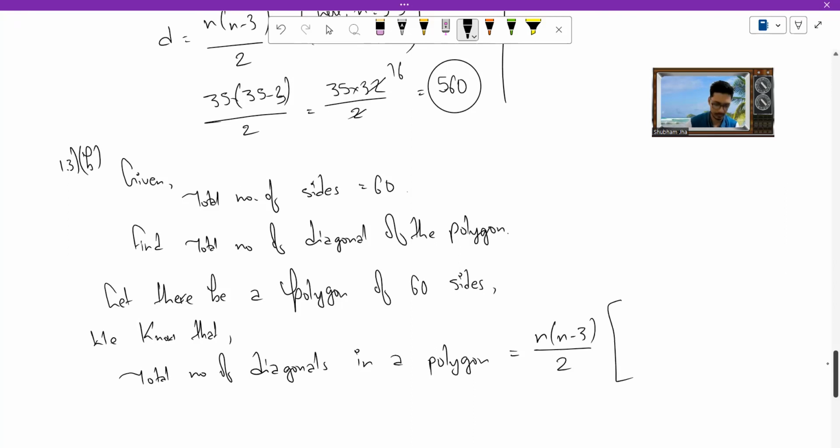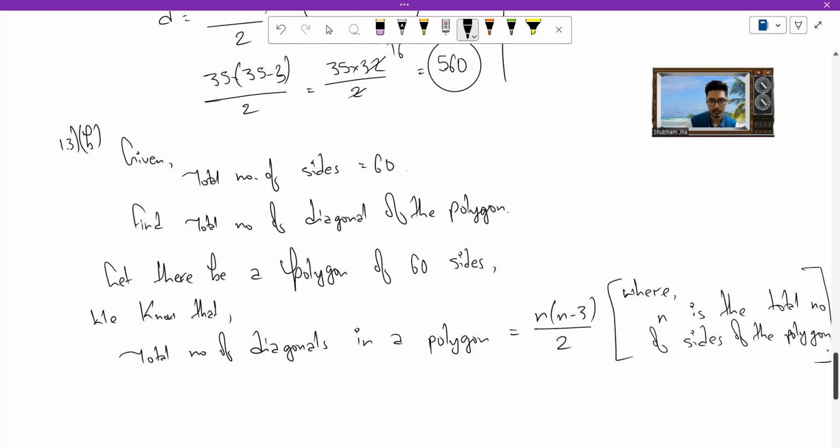We have to mention what n is. Whenever we write a formula, we have to define each and every variable. Here we only have one variable, that is n. So we'll only define n, where n is the total number of sides of the polygon. This is how you define it.